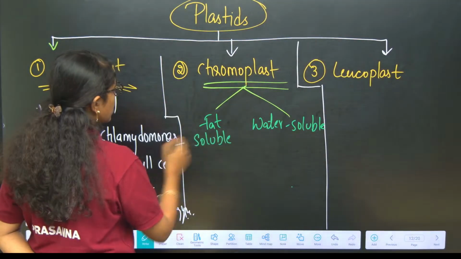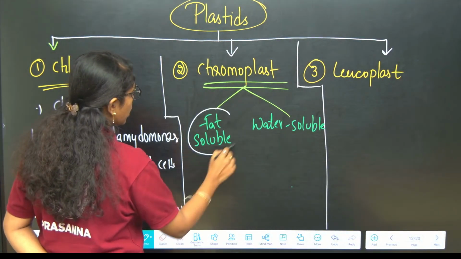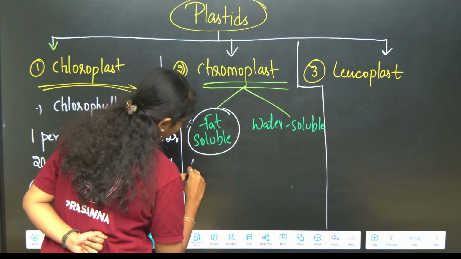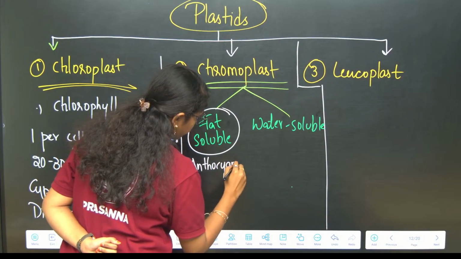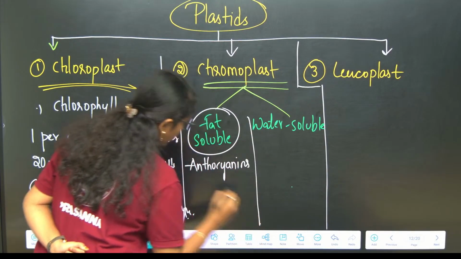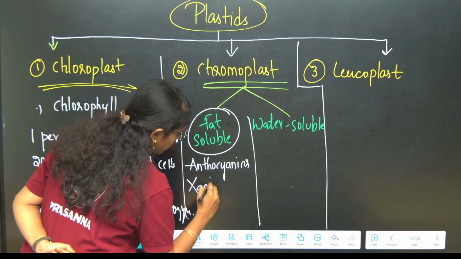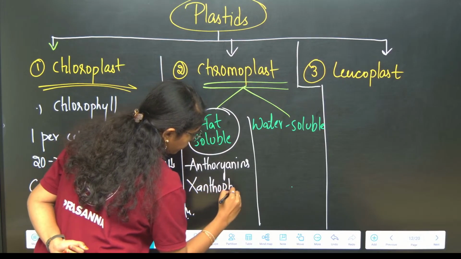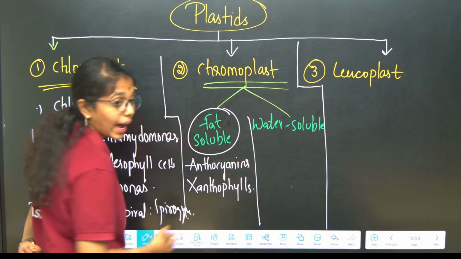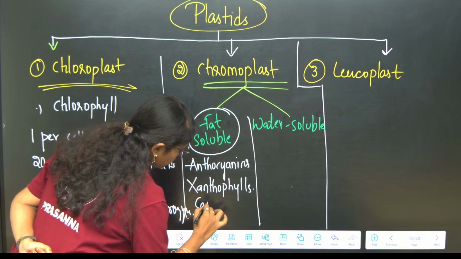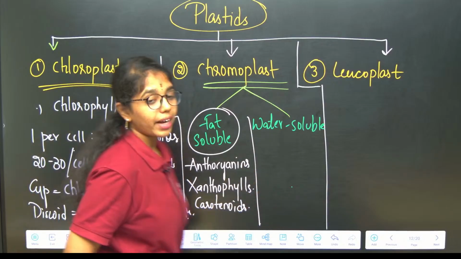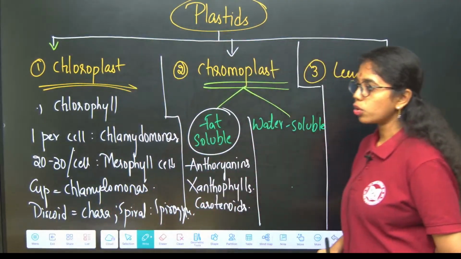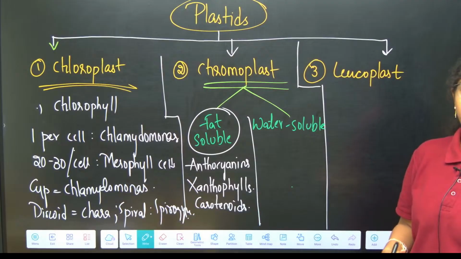So here if you see, fat soluble pigments include what? Anthocyanins, xanthophylls, and carotenoids. Fine. Water soluble pigments include phycobilins and phycoerythrins.